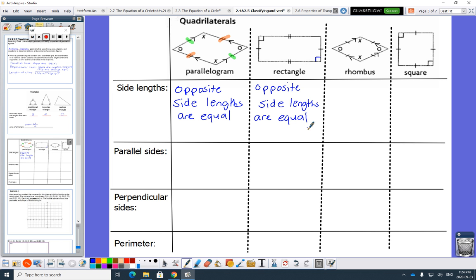So a rhombus and a square are similar because all sides are equal.